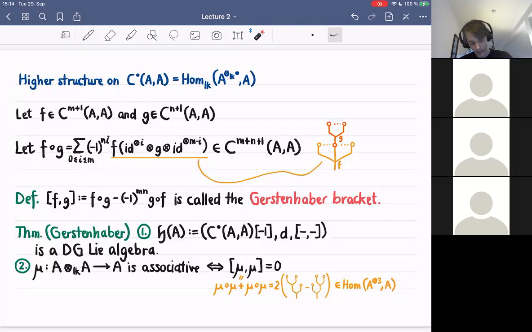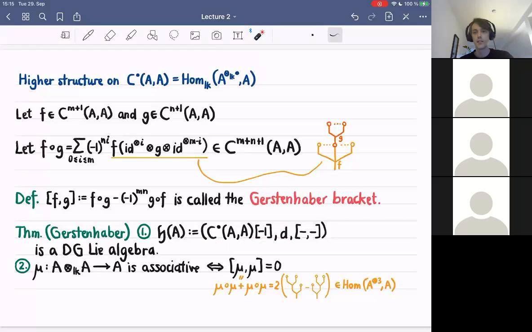The first thing is that this H of A, as I call it, is the DG Lie algebra where you have the shifted Hochschild complex, so you shift it by 1, so that the shifted F would have degree m, so this is also what appears here. And then there's the Hochschild differential D, and the Gerstenhaber bracket, which is of degree 0. Okay, so this is a DG Lie algebra.